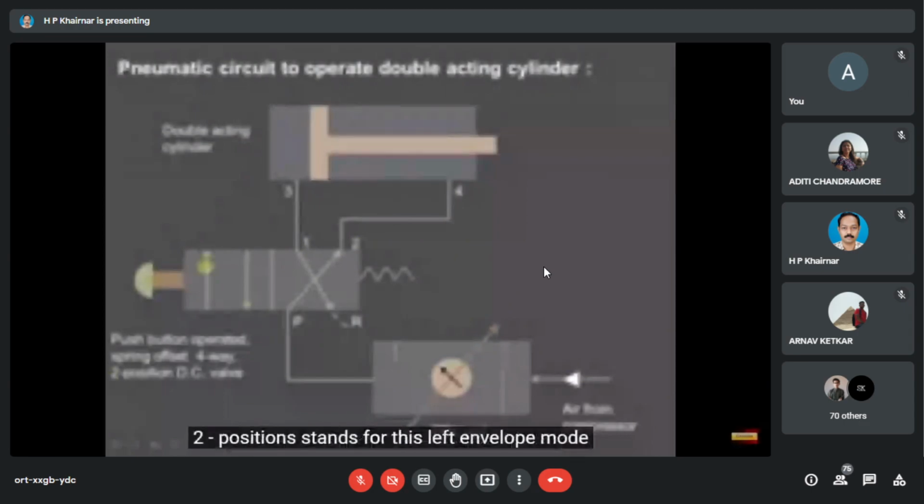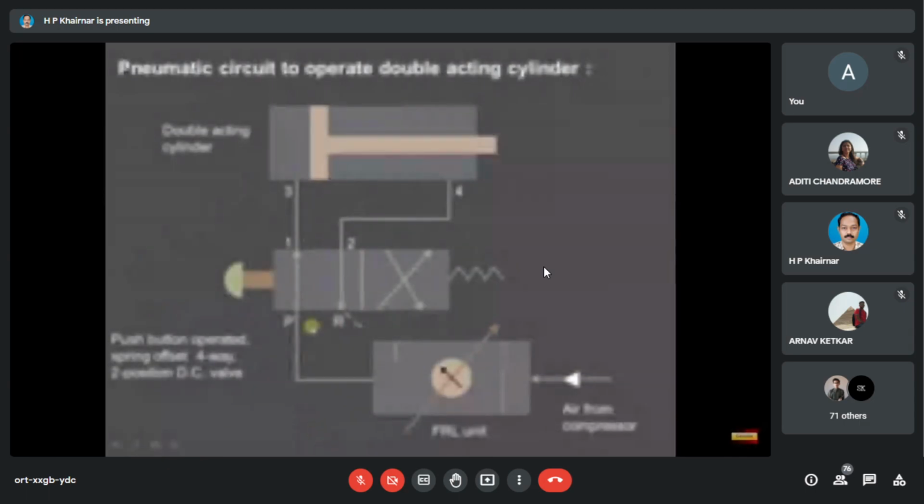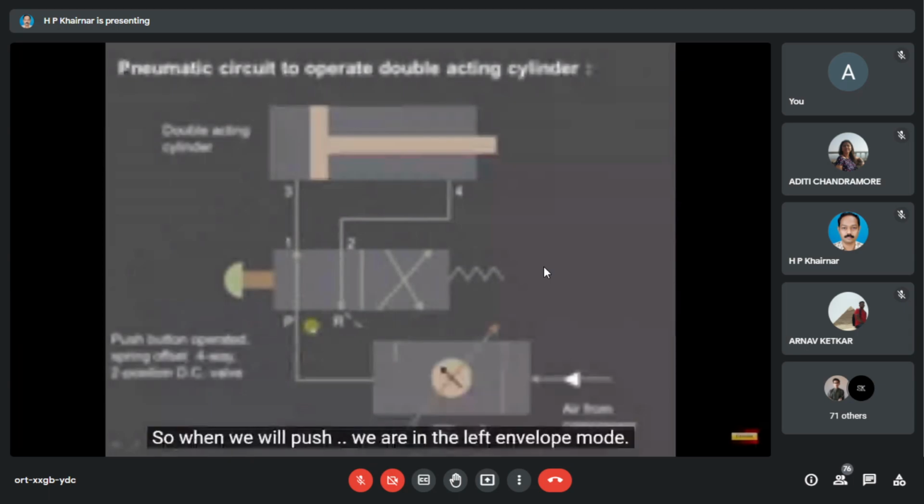Two positions stands for this left envelope mode as well as this right envelope mode. Now let us see what will happen. We push this push button. So when we push, we are in the left envelope mode.